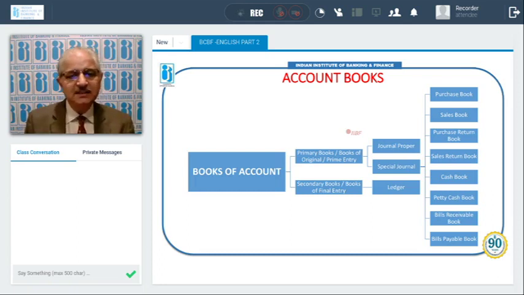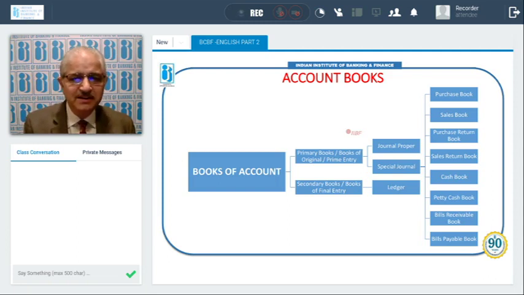So the ledger shows you a summary of all these transactions, and ultimately we compute one balance. There will be debits in that particular account, and there can be credits in that particular account. If both debit and credit are equal, there will not be any balance. But if debit is more and credit is less, the ledger account will have a balance.